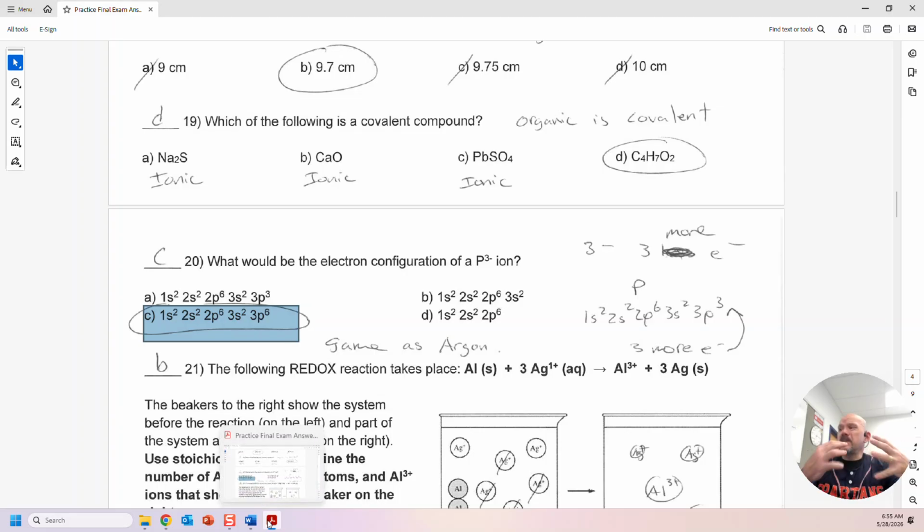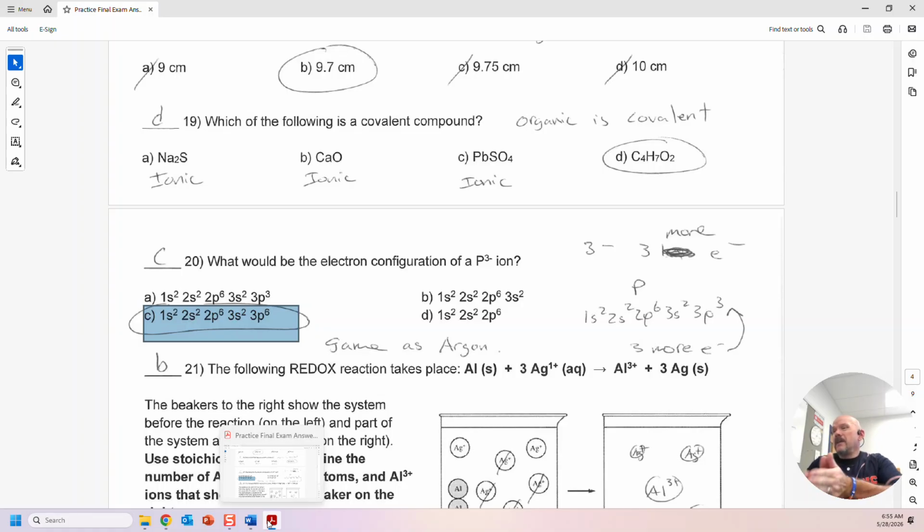And remember, especially at this level, if you're asked an electron configuration question and it's an element, it's just its normal neutral electron configuration, the way we know how to do it. But if it's an element in a compound, remember, in a compound they've transferred electrons or shared electrons, so now they have a new electron configuration.